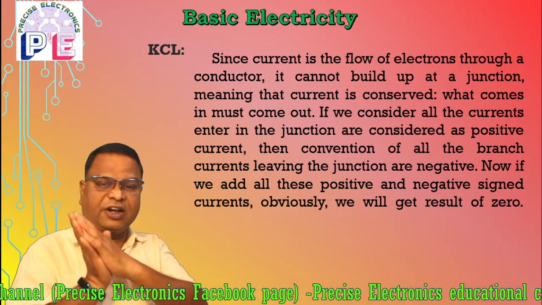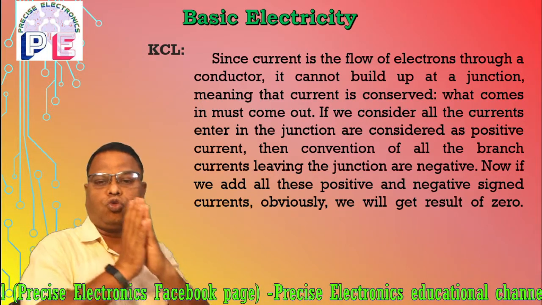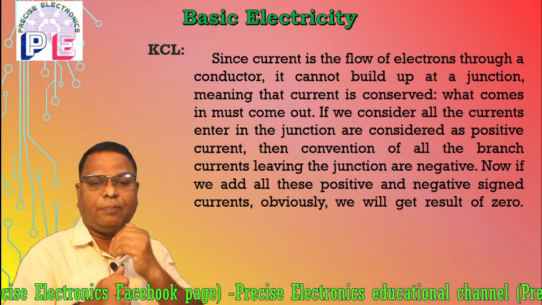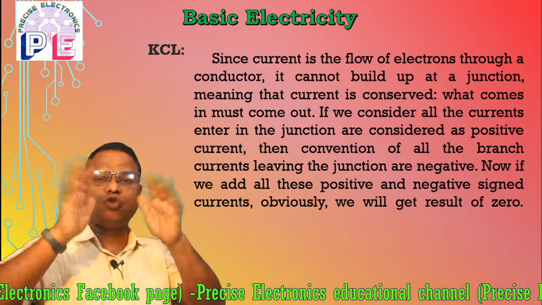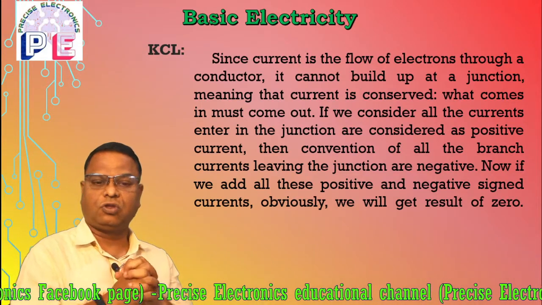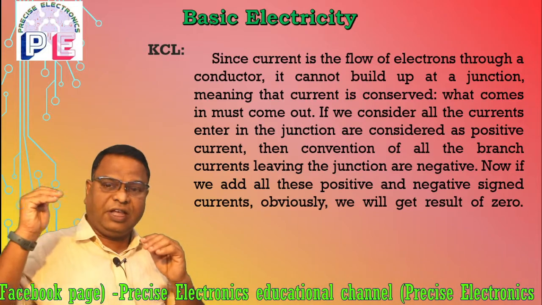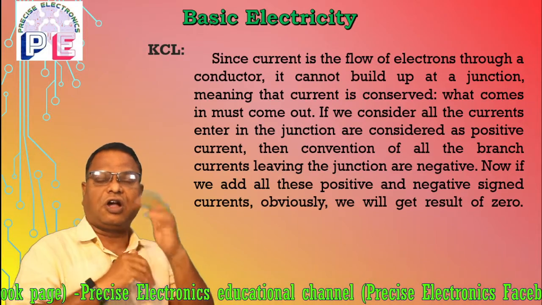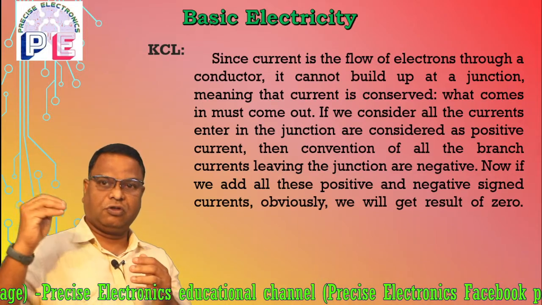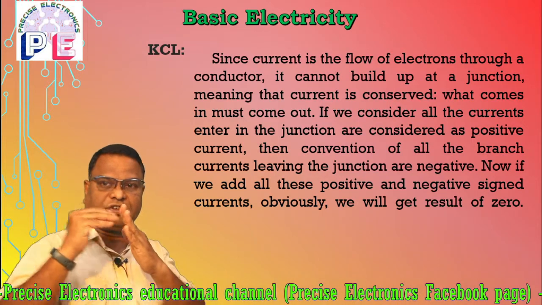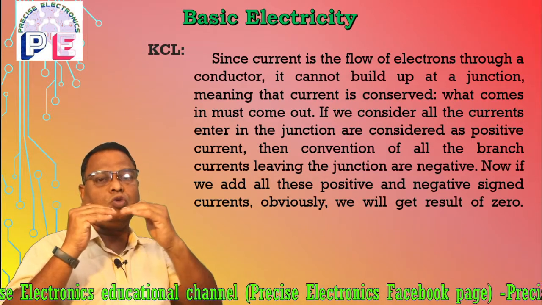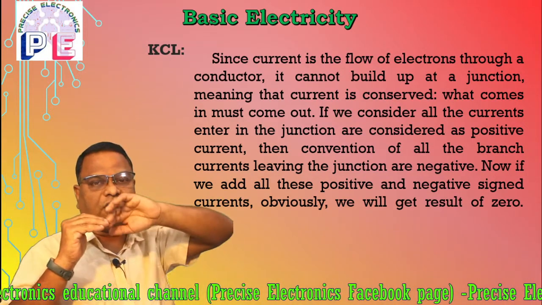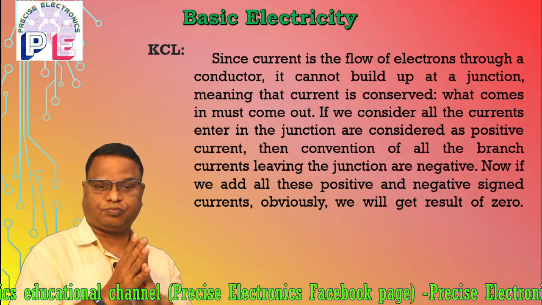So at a junction there is no current. What comes in must come out. The current flowing toward the junction is equal to the current flowing away from the junction.